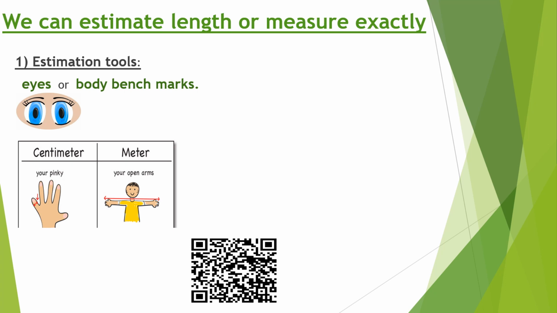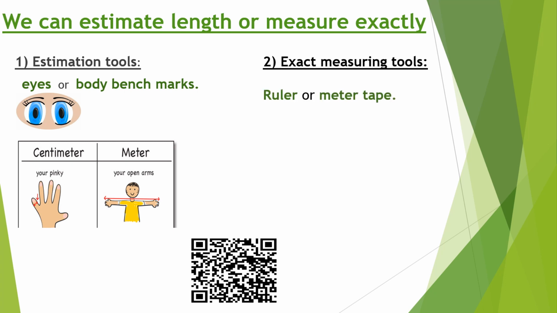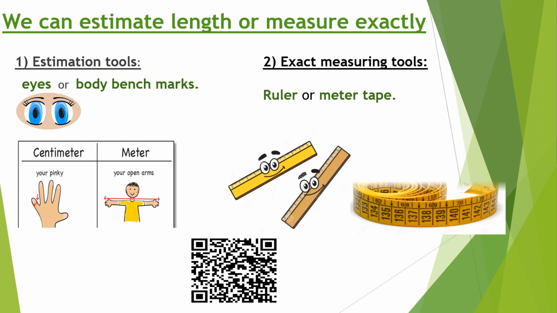And if we open our arms, the distance between our hands will be about 1 meter. This is the estimation way. And the exact way to measure the length, we will use a ruler or meter tape.